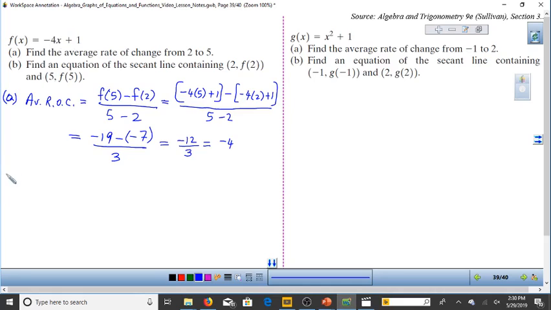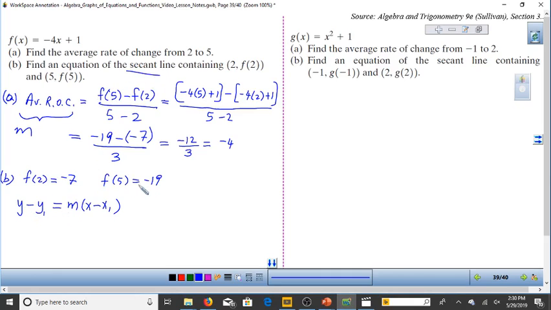Let us check. To find the equation, we know that f of 2 is -7 and f of 5 is -19. And I can just choose a point and use my point slope formula. y minus y1 is equal to m times x minus x1. And my m is the average rate of change. This guy here is my slope of the secant line.